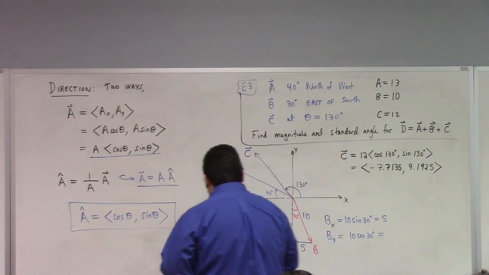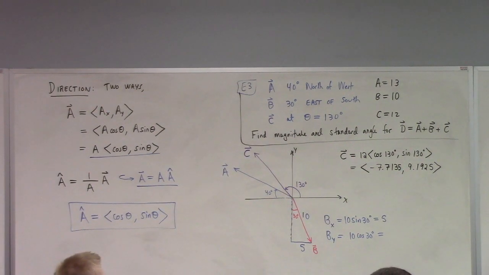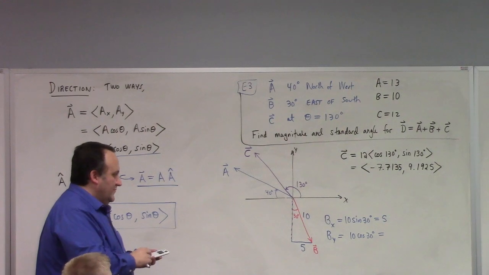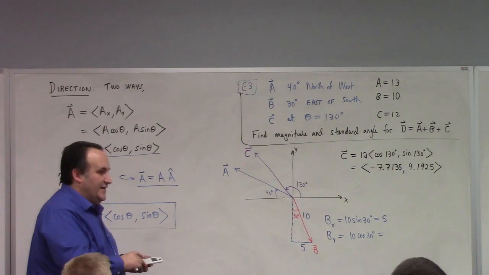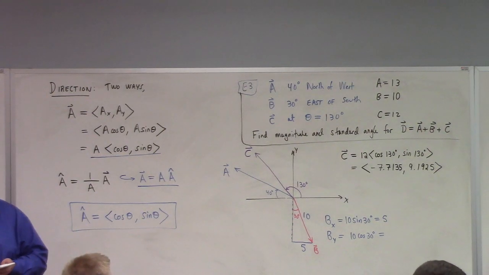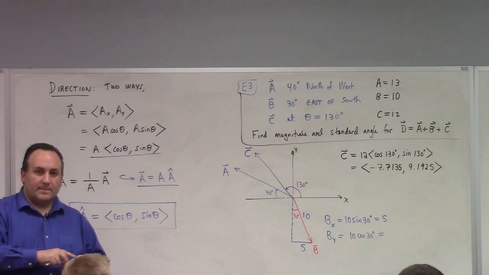And you guys tell me why that's wrong. Well, that's part of it. You're like, wait a minute, you used cosine for the y, but I thought cosine goes with the x. You're right, it's not a standard angle, so that's out the window. Yep, it's because it's in the fourth quadrant. Be careful about the signs.